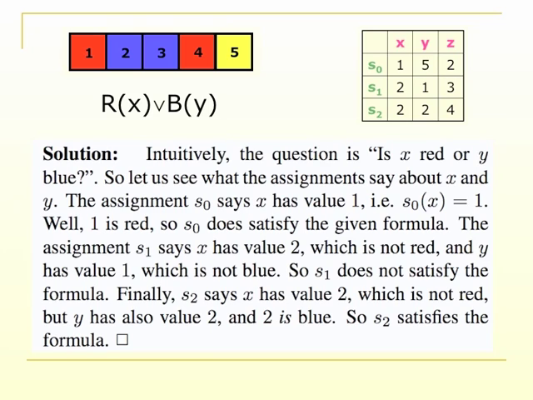The assignment S1 says X has value 2, which is not red, and Y has value 1, which is not blue, so S1 does not satisfy the formula. Finally, S2 says X has value 2, which is not red, but Y has also value 2, and 2 is blue, so S2 indeed satisfies the formula. And we are done.